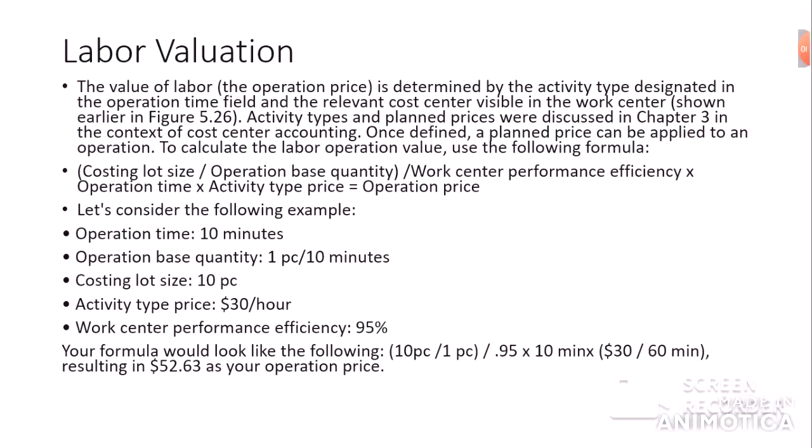Your formula would look like the following: 10 pieces per 1 piece, divided by 0.95, multiplied by operation time of 10 minutes, again multiplied by activity type price $30 per 60 minutes. So resulting in $52.63 as your operation price. So this labor calculation will be calculated based on these factors.